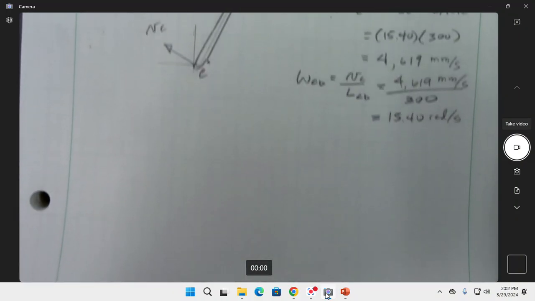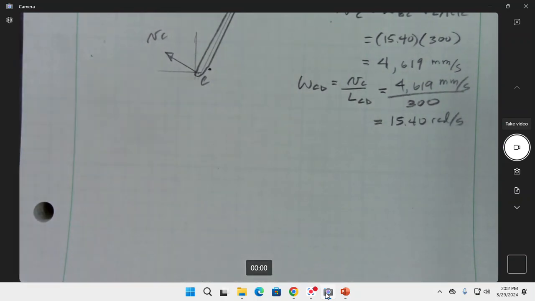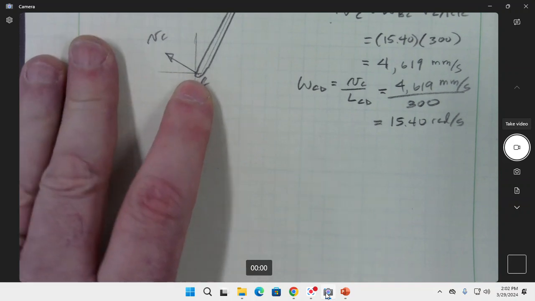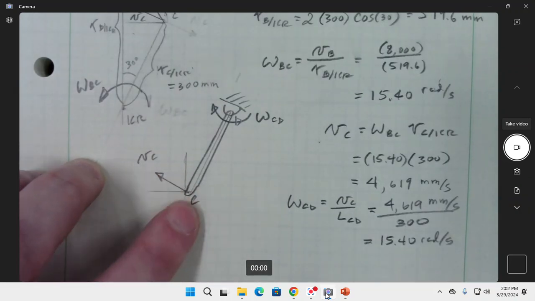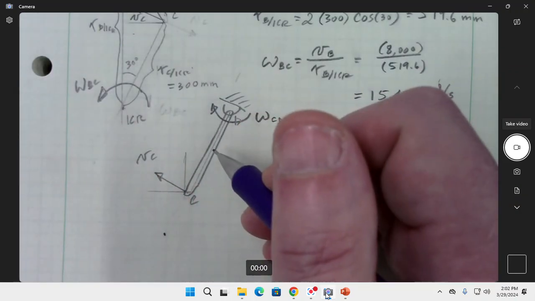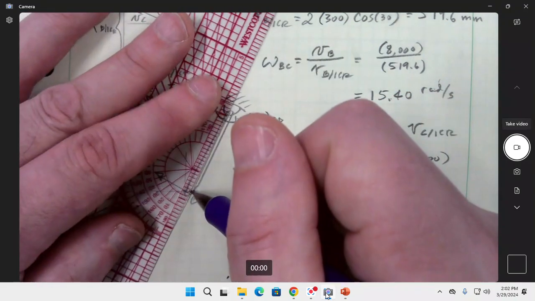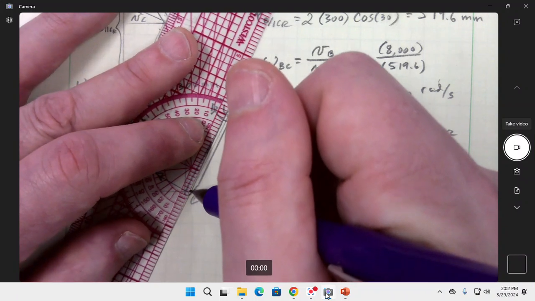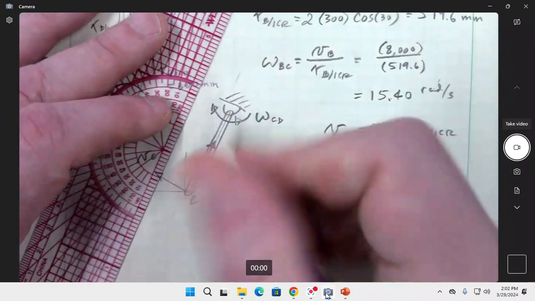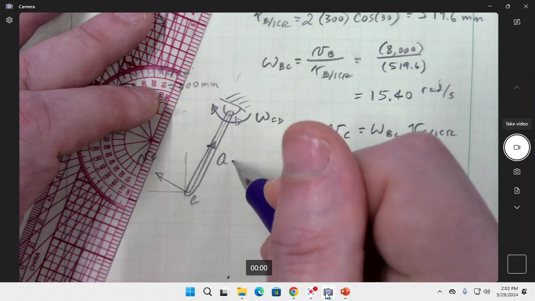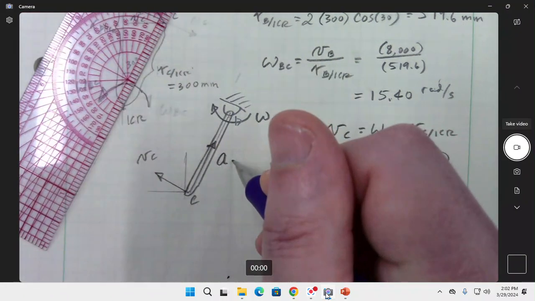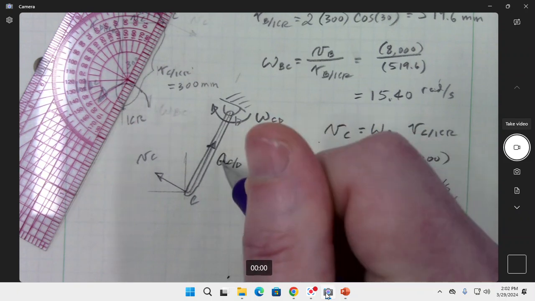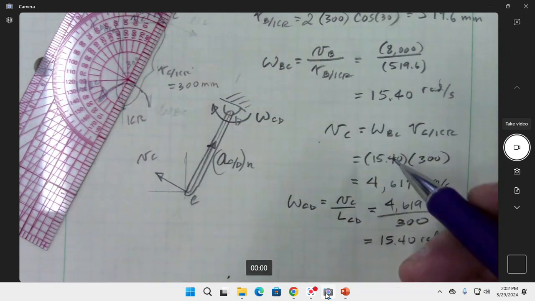All right, so the acceleration analysis, we could start already from here. We can find an acceleration from this same diagram, and I usually do that right here. I just go ahead and put it onto here. This is going to be the acceleration of C with respect to D in the normal direction.